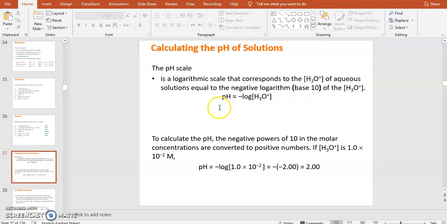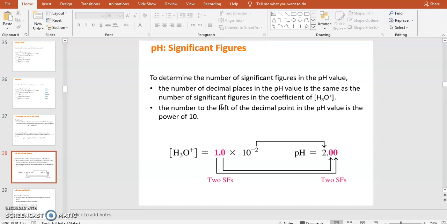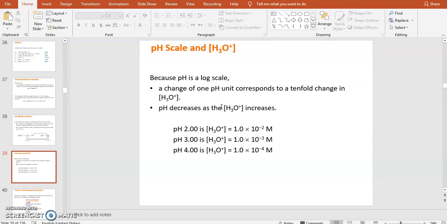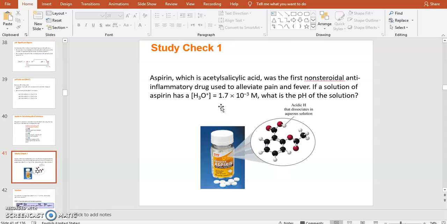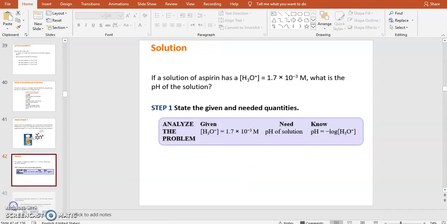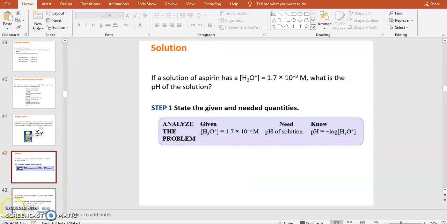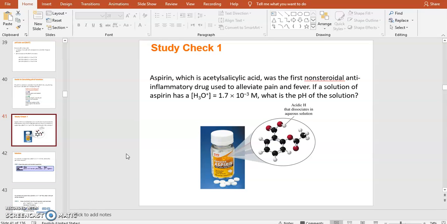So straightforward, I will give you one piece of information and ask for the other. We will just use the log, and we will use our equation. pH is equal to minus log of the hydronium ion.